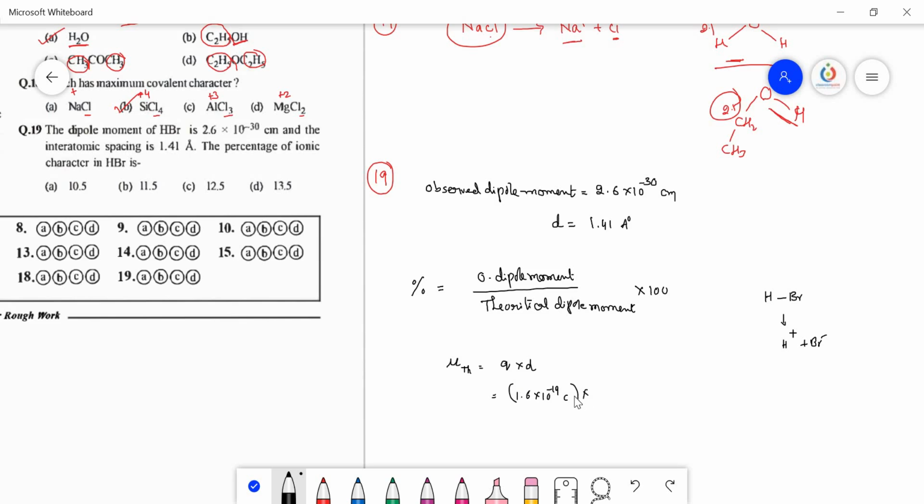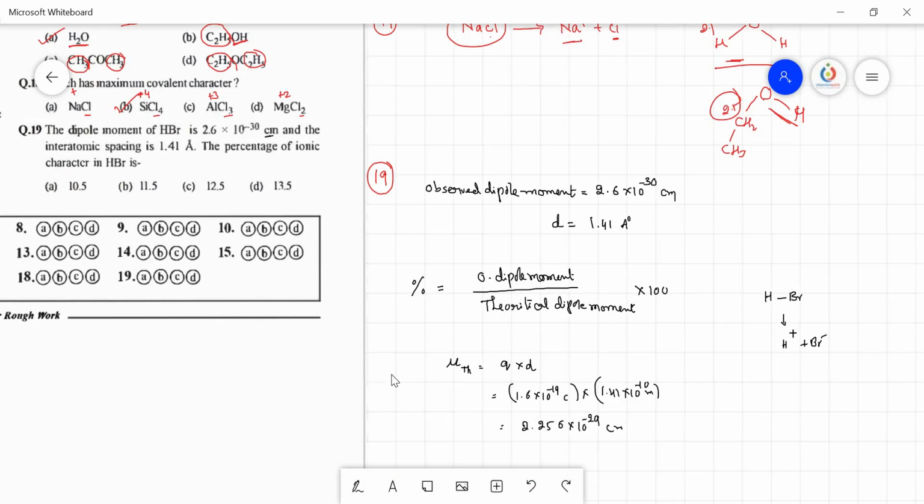That is the quantity of charge, and the distance you take in meters, that is 1.41 into 10 power minus 10 meters. If you multiply these values, we get the answer in coulomb meters, that is 2.256 into 10 power minus 29 coulomb meter. This is also coulomb meter; by mistake I pronounced it as centimeter.